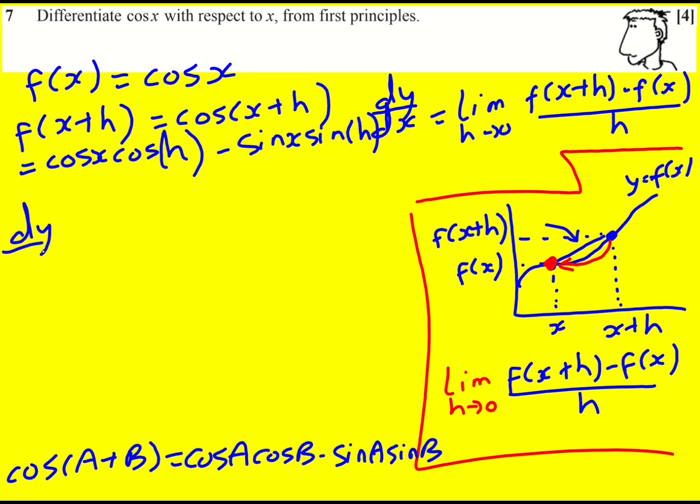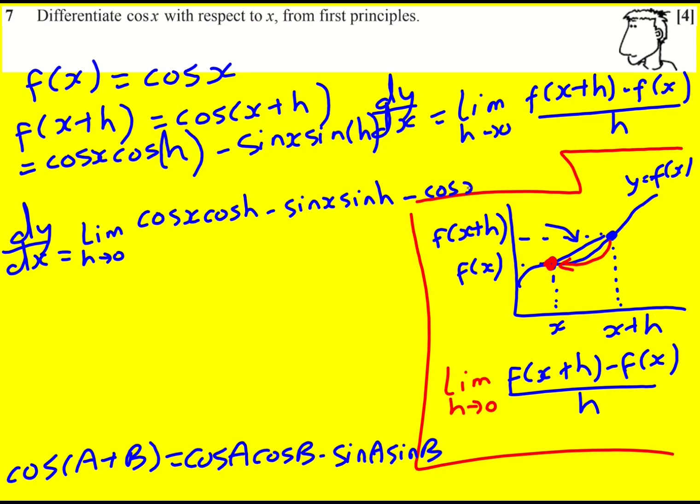So dy by dx is going to be this limit as h approaches 0 of cos x cos h minus sin x sin h minus cos x, all over h.